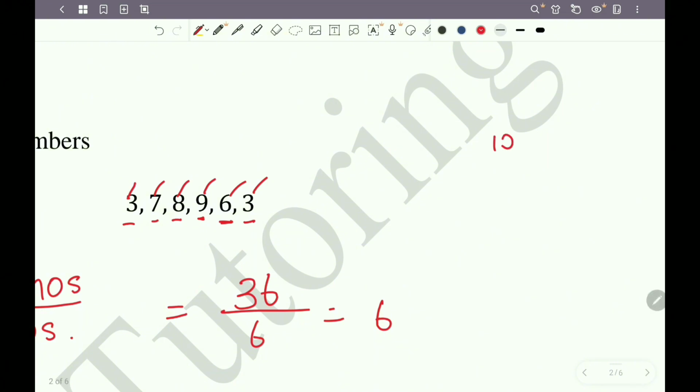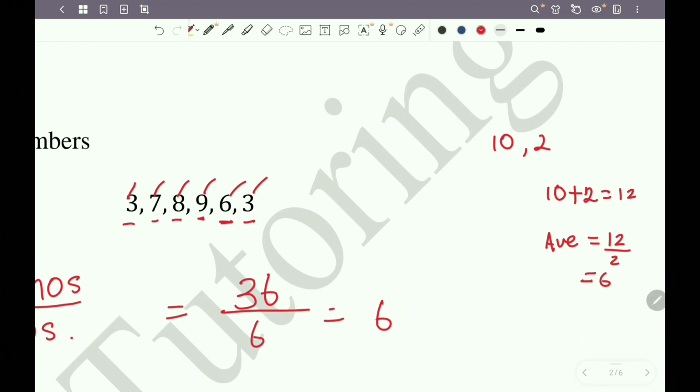Let's take, for example, 10 and 2. Right now, when we add 10 plus 2, we get 12. And there's 2 numbers in the set, so the average would be 12 divided by 2, which is 6. Right? So we get the same average, but we have a different number of numbers. Okay, we have 2 numbers instead of 6 numbers. And as you can see, 10 and 2 are very different from our average. It's very different from 6, right?